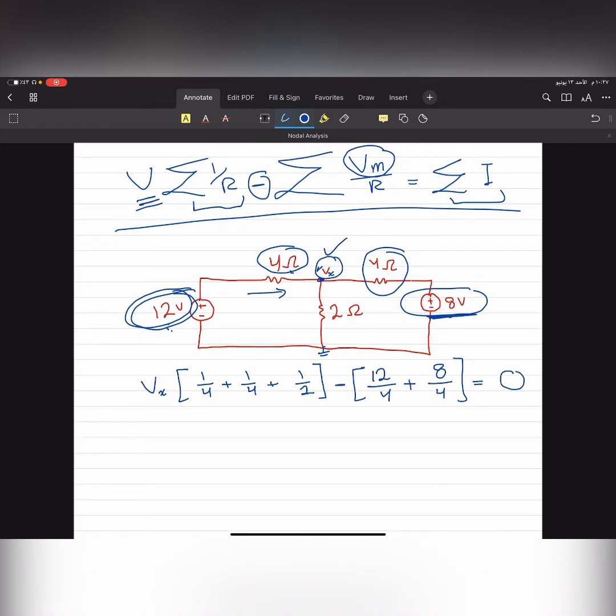If there were a current source here with 2 amps entering and 1 amp leaving, I would put 2 minus 1, the entering as positive and the leaving as negative. But in our case, we don't have any entering or leaving current sources, so I will stick with 0.